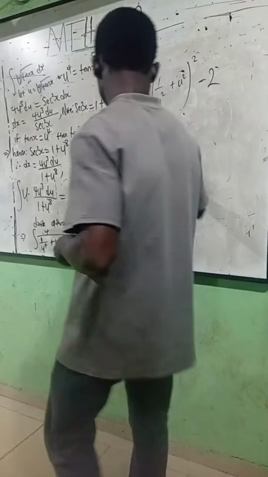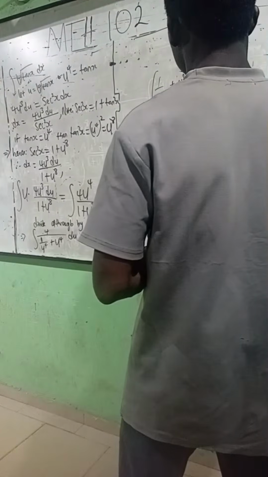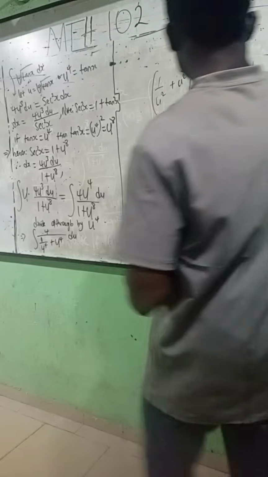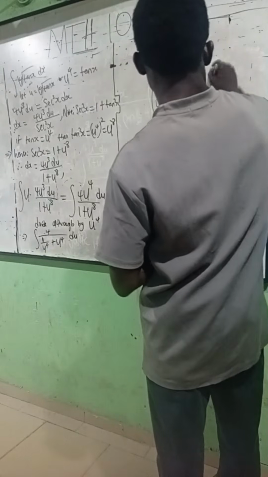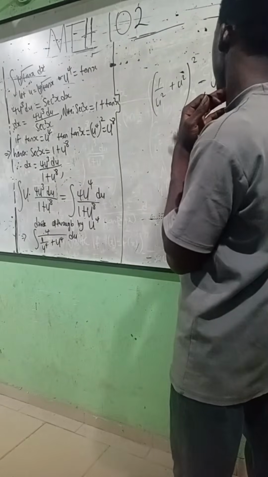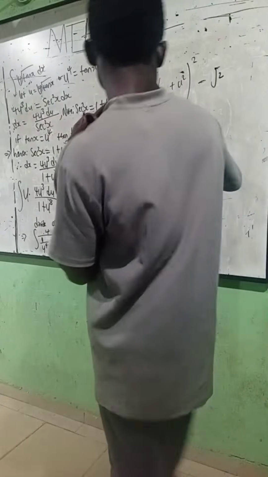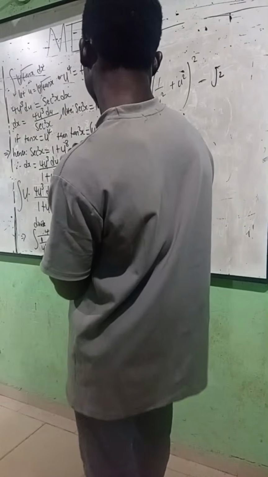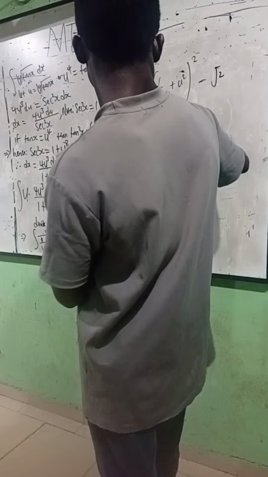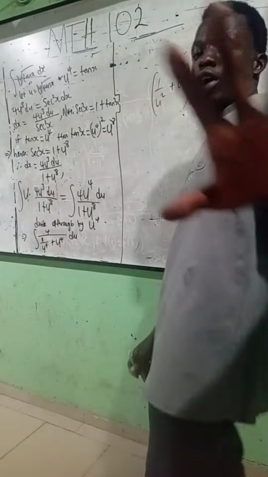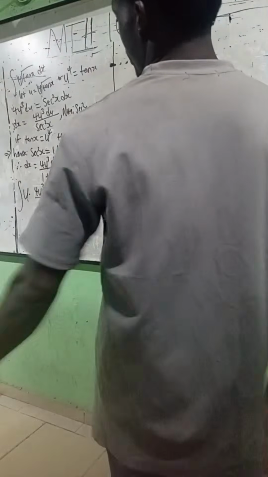So 4. The answer is, so you cannot write that root 2. This is not like difference of 2 squares, which can be written as, wait, calm down. I'm coming, oh guys, I'm coming.